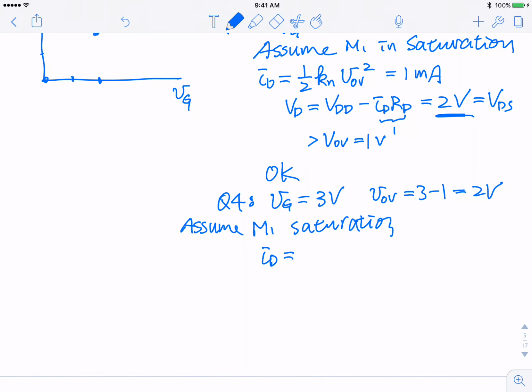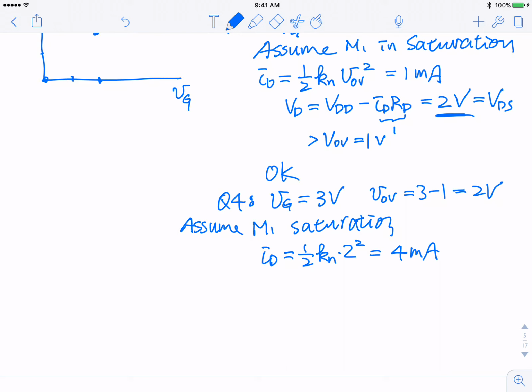ID in this case is simple. It is 1/2 Kn times overdrive squared, so 2 squared. So now this is equal to 4 milliamp. Kn is 2 milliamp, so this is 4 milliamp.